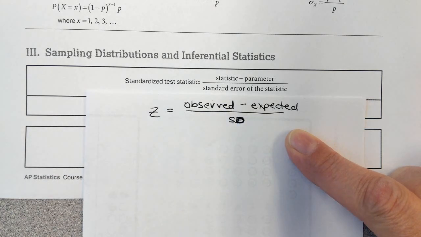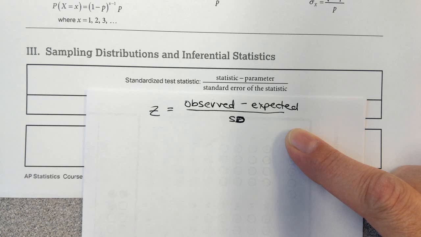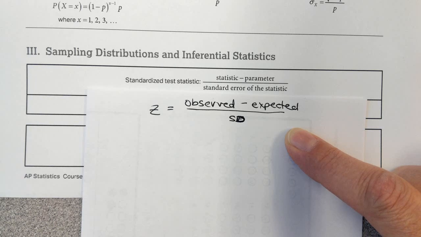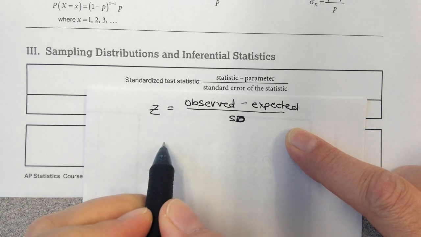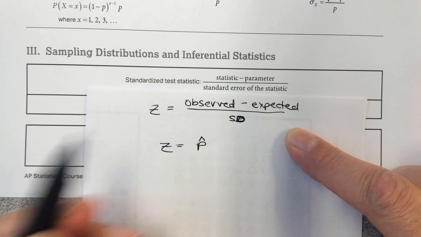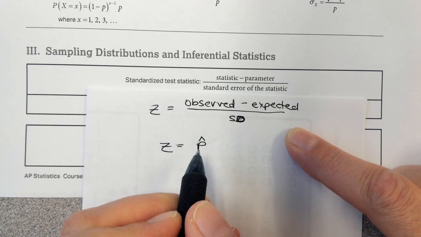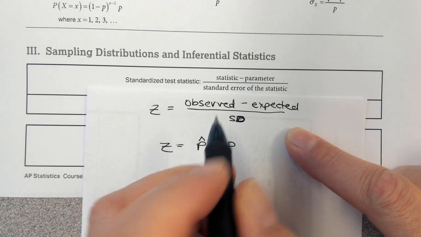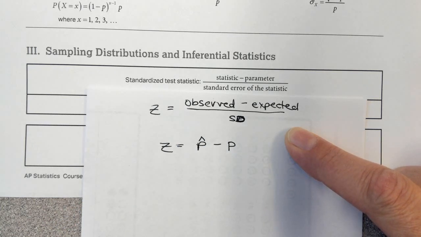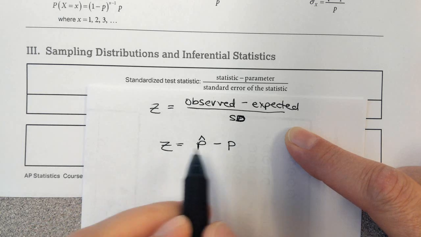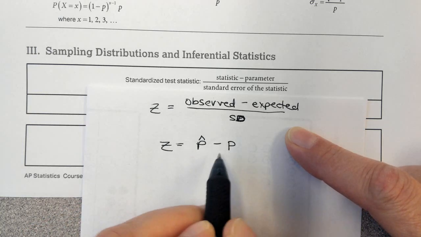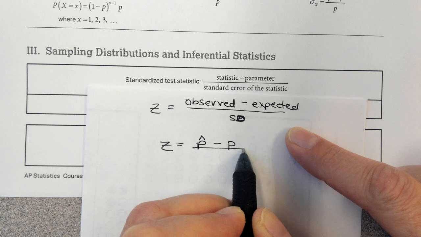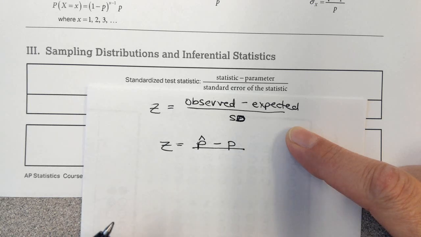Now that we've been in inference world, when we do hypothesis testing and we get into the mechanics, we need a z-score to see where our sample lands with respect to what we proposed in our null hypothesis. We've been saying z is equal to the p-hat, the observed proportion from the sample, minus the true p that we're assuming in our null hypothesis, that status quo, nothing has changed claim about the population parameter, no hat, over the standard error or standard deviation, depending on what we know.